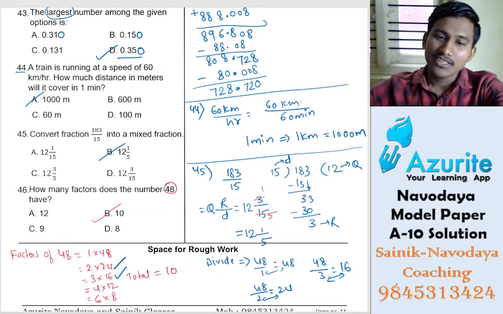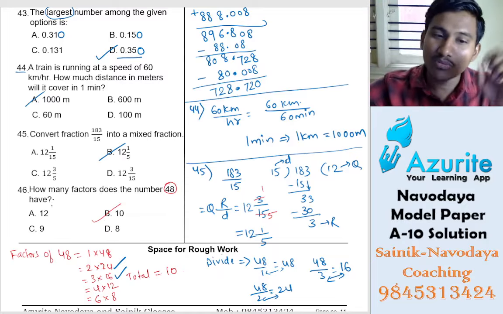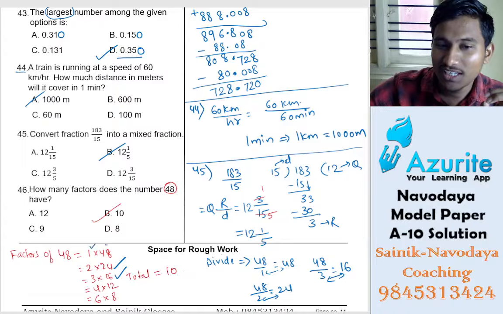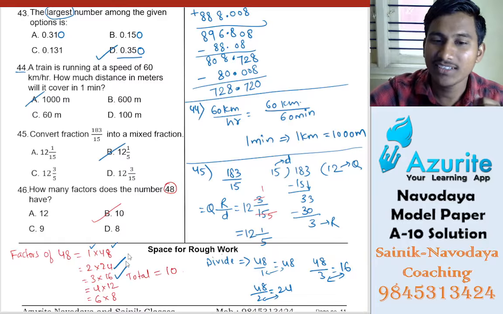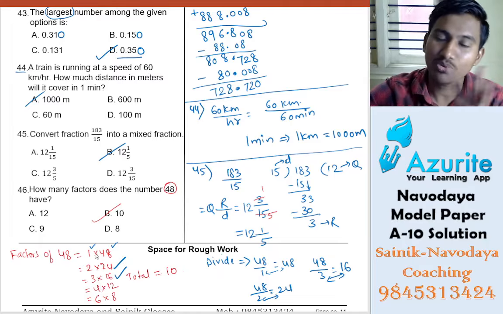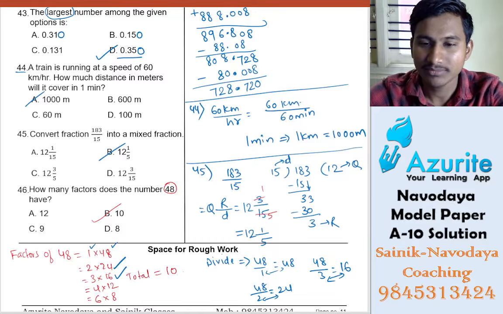Understood? See here, students, you have to count both numbers, 1 and also 48. 1 and 48, 2 and 24, and so on, total 10 are there. So you have to count both the factors.